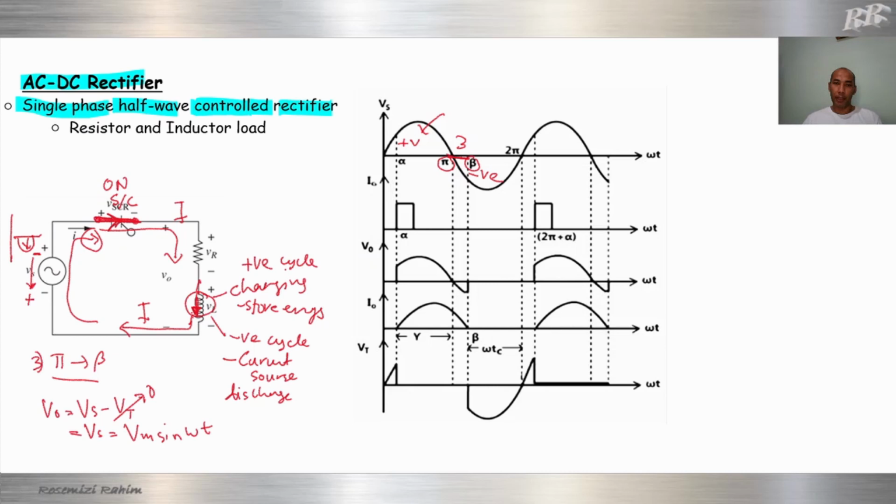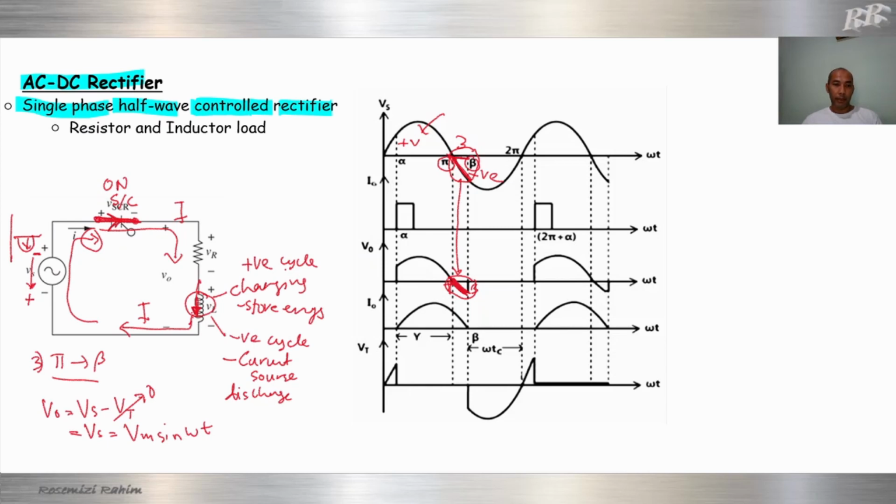So V input is like this, and V out will follow exactly the same as the V input from pi to beta. This is V out, V in like this. V out follows V in.